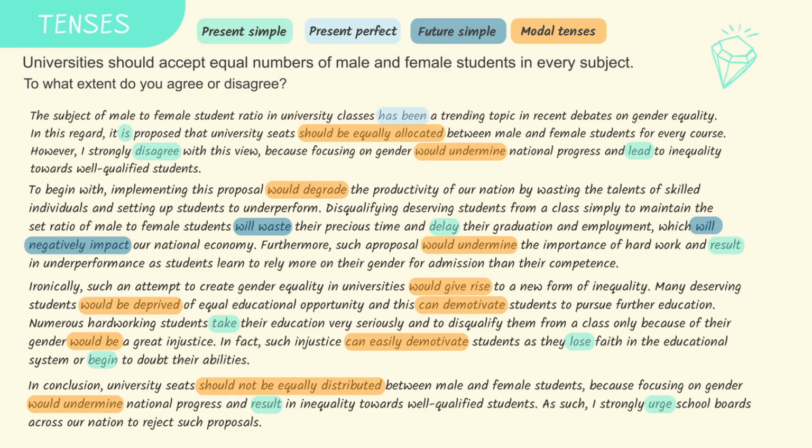And tenses. Let's see how many tenses I've used in this essay. So our present simple tense is highlighted in green, as you can see. Present perfect is highlighted in light blue, right? And future simple is highlighted in blue. And these are my modal tenses that I've used. I've used a lot of modal tenses, as you can see. Very important in improving your band score in task 2.